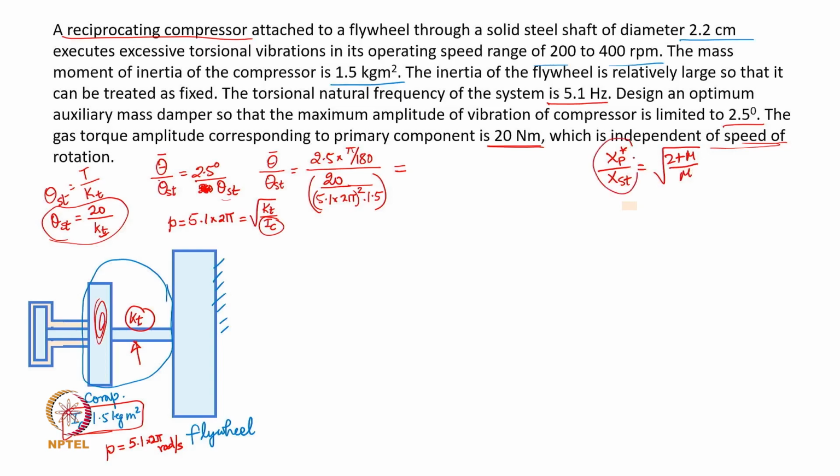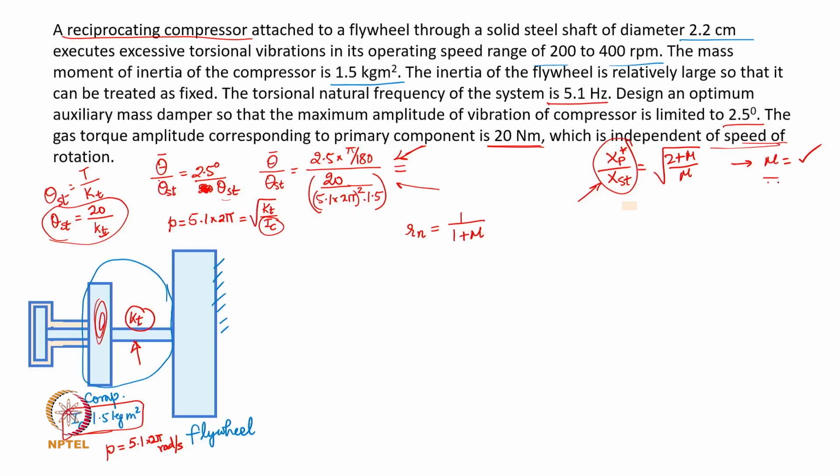Now this is already known from this. Instead of x, we are going to use theta, that's the torsional vibration. Because the left hand side is known from this, you will get to know the value of mu from here, right? Now from this, because it has to be a tuned mass damper, we know that this has to be 1 upon 1 plus mu, right?